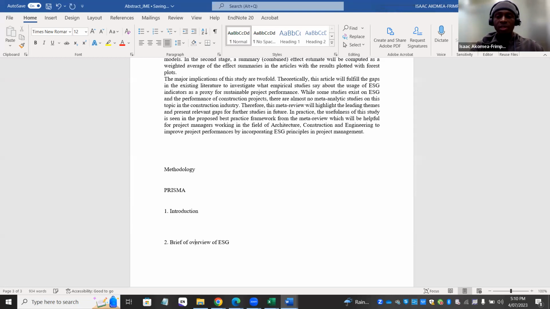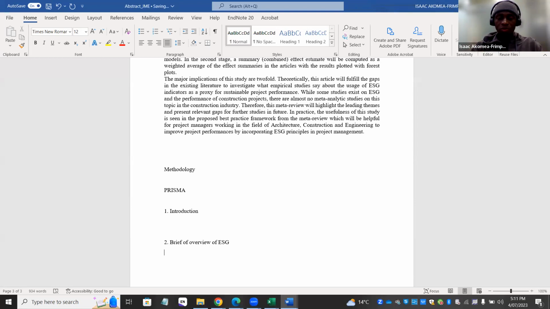What is ESG? And if it is possible, even within the brief overview of ESG, you can also give us a brief overview of the construction industry. Well, everyone knows what the construction industry is about, but you can give us a brief overview of it, especially with respect to what we are writing.